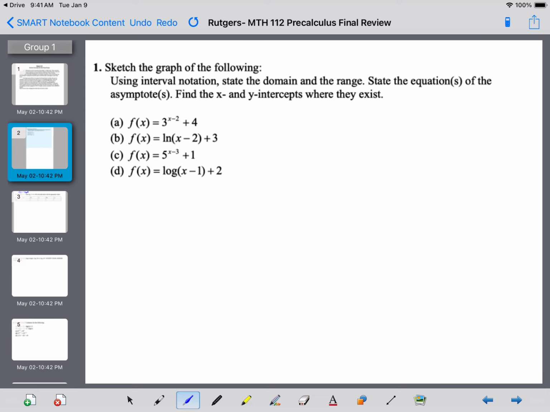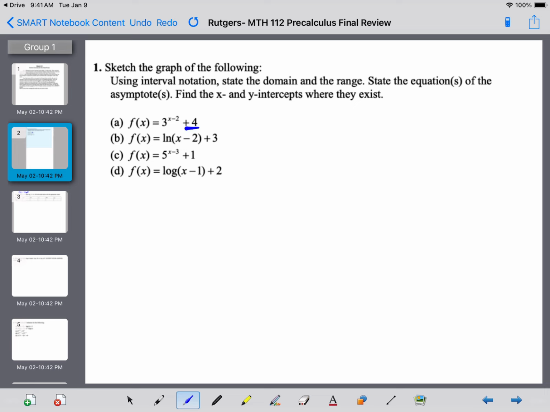So first, let's find our asymptote. If this was a basic exponential function, meaning that it's not shifted up or down, then it would be approaching the line y equals 0. But this function is being shifted up 4 units.